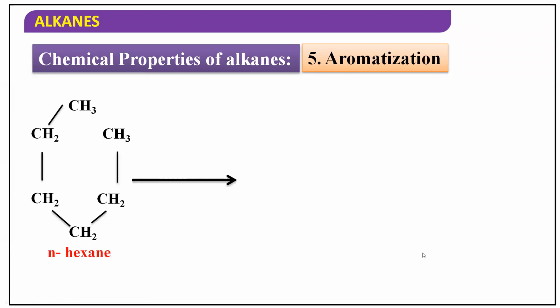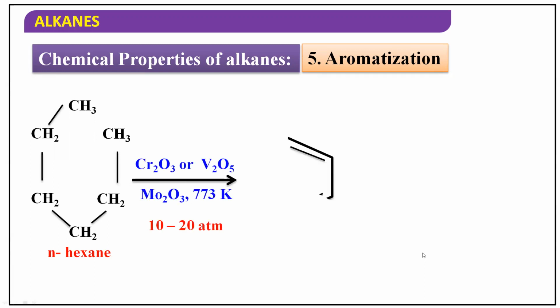We can draw normal hexane like this, and then with this catalyst, the benzene ring is formed. So this reaction is also very, very important. From normal hexane, we can convert directly to benzene. This will be used as a very good question when asking for some product, and you have to guess that a benzene ring is coming in between.